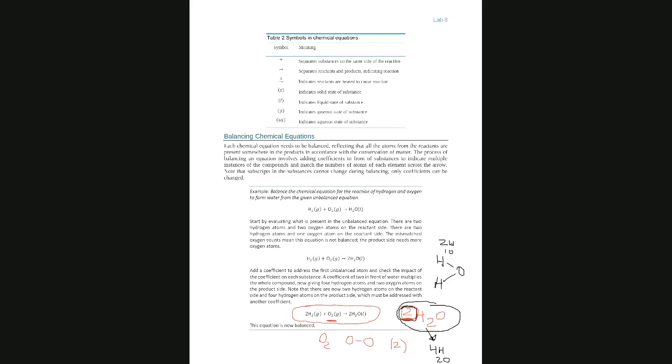So on the water side, I have 2 oxygens and 4 hydrogens. And what do I have on this side? I have 4 hydrogens because it's 2 of the coefficient times 2 of the formula, and I have only 2 oxygens because I don't have a coefficient. Does it make sense?